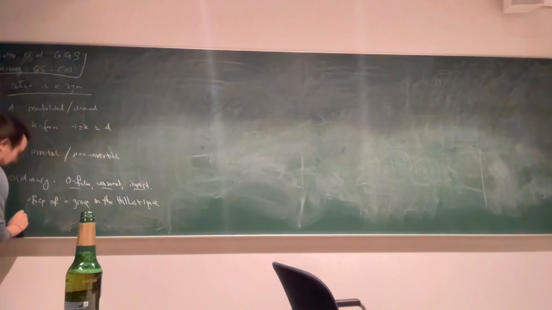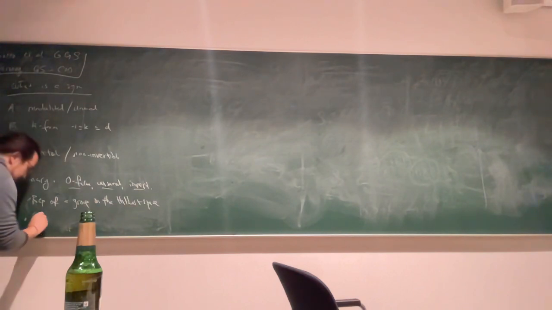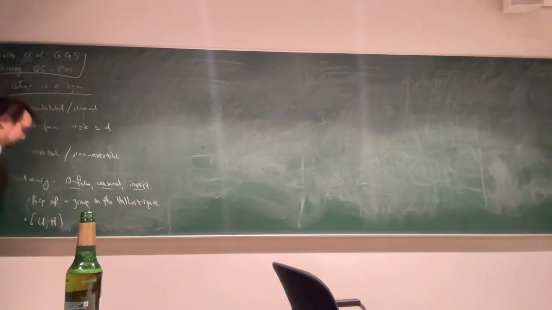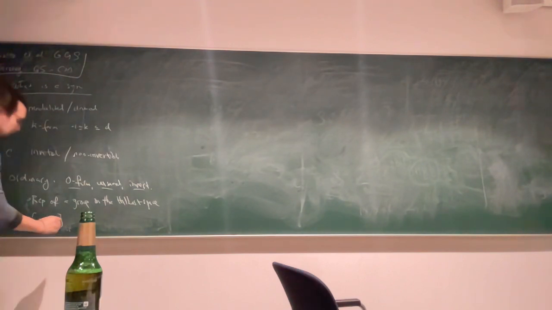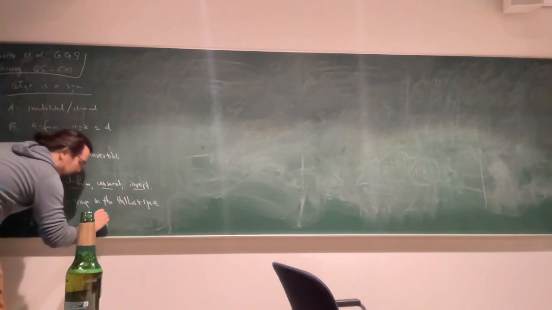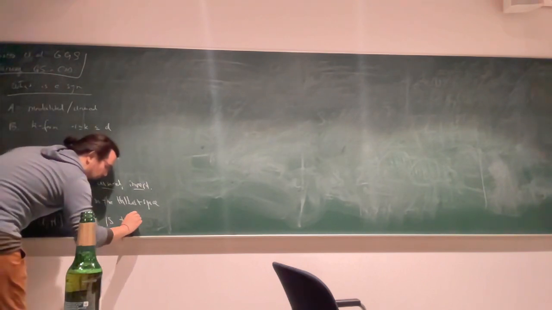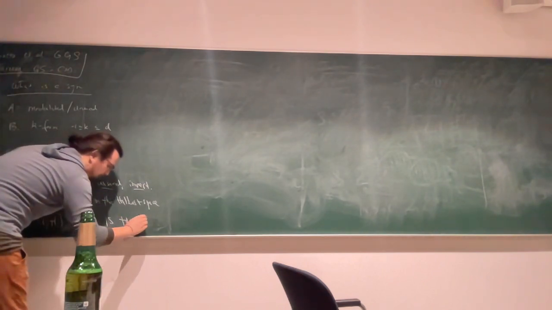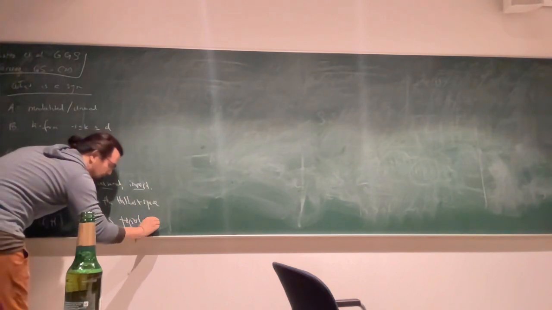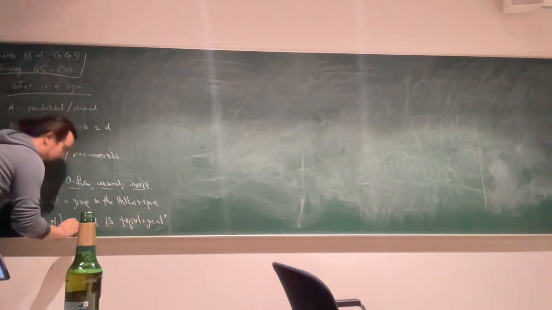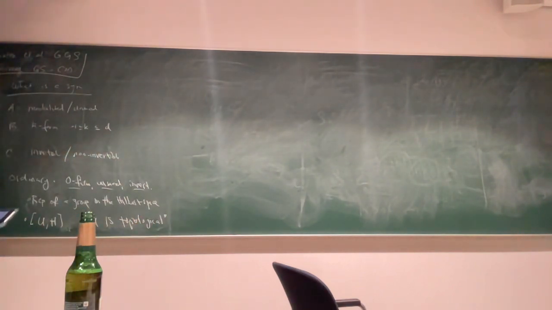More generally, there are two requirements for something to be a symmetry, which is that I have some operator that commutes with the Hamiltonian, and that operator is quote unquote topological. So what does it mean for an operator to be topological? In the case of ordinary symmetries, they act on all of space.